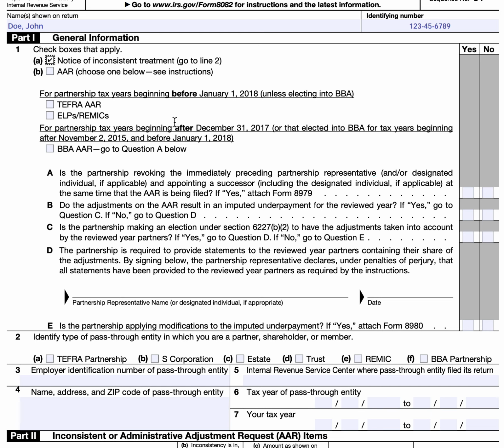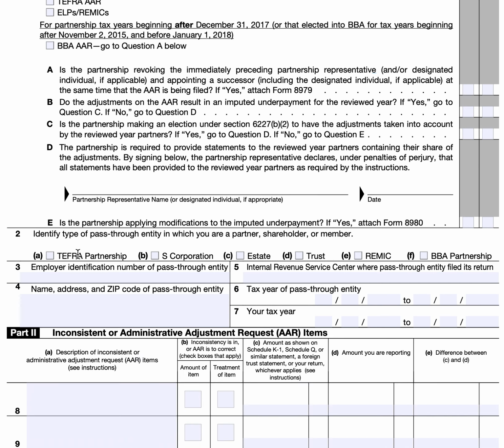So notice of inconsistent treatment. Then we'll go to line 2. We'll say that Doe Enterprises is an S corporation and their EIN is not identical to John Doe's. The IRS Service Center.